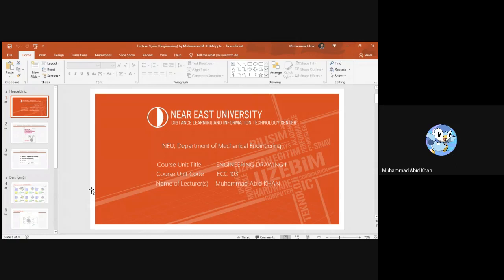How many students are registered in this course until now? There is a difference between the Einstein account and the Uzum account. In the Einstein account fewer are registered, I don't know why, and in the Uzum account a lot of students are registered. Please try to register on the Einstein account.